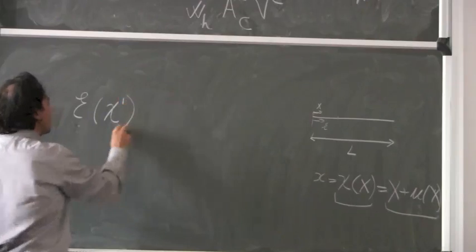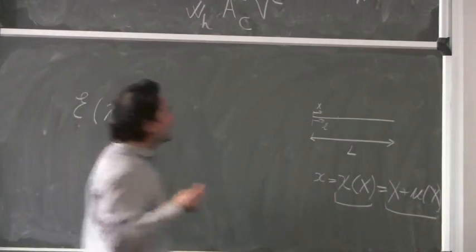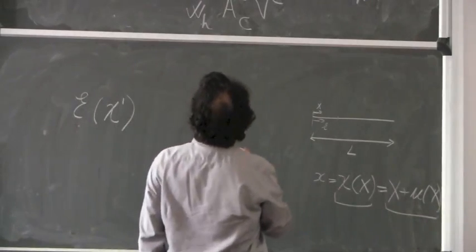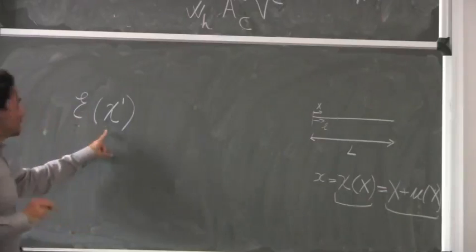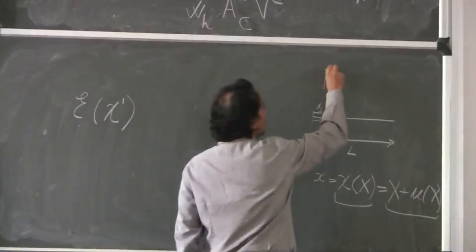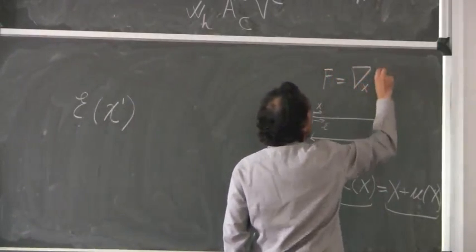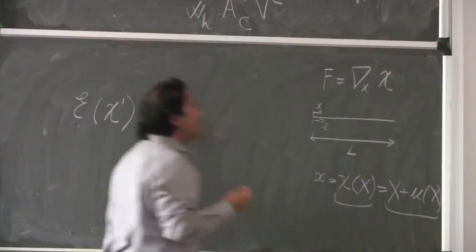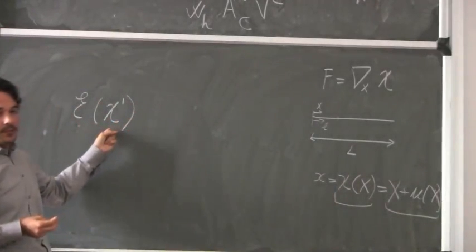Just assuming, because you remember that dell'Isola called that E was a function of F, and F is the gradient of K. In the 1D case, F is exactly K prime.